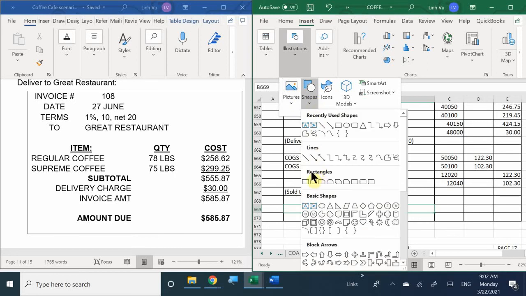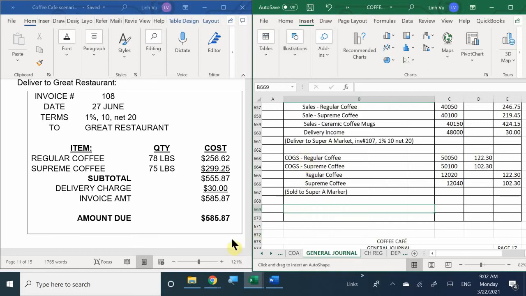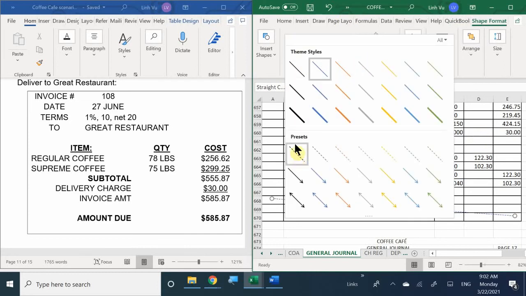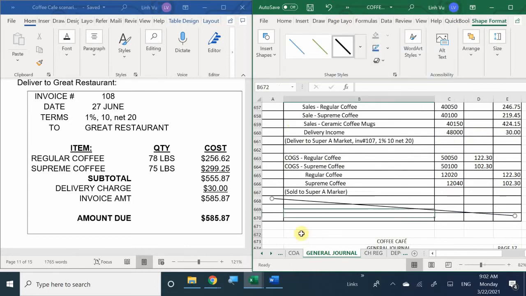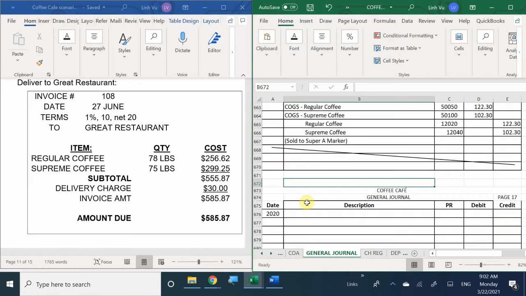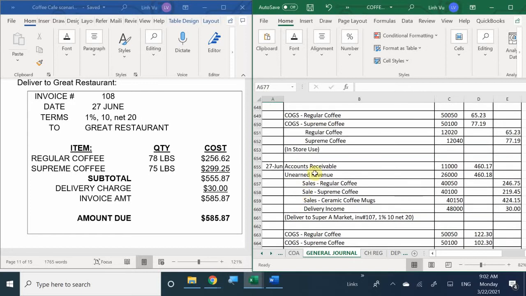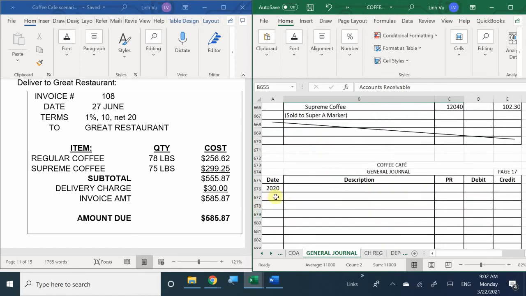So I'm going to draw a line here, and we're going to start on the next page. So what happened here?